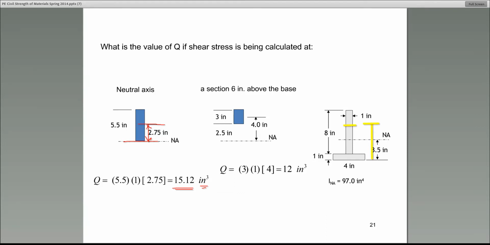What do we do next? Isolate the area above that section. Guys, I have done that here. So if you take a look at that, that is the area above the section at which I'm calculating the shear stress. Does everybody agree? And if you look at the numbers, it comes out that way. It's 3 inches from that section to the top. Now, what I want you all to do, help me, and please go ahead and do it. I want you to calculate the Q value associated with this.